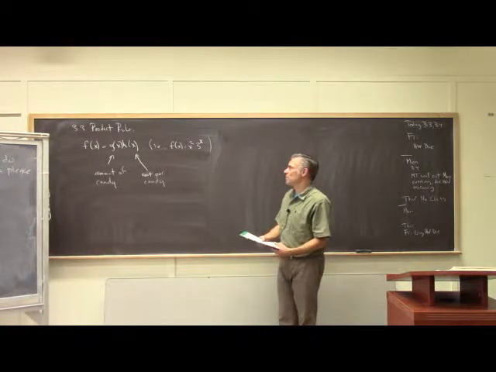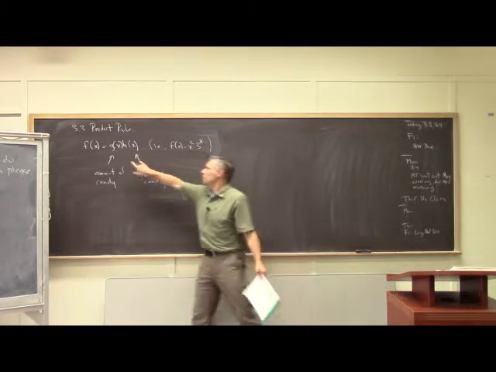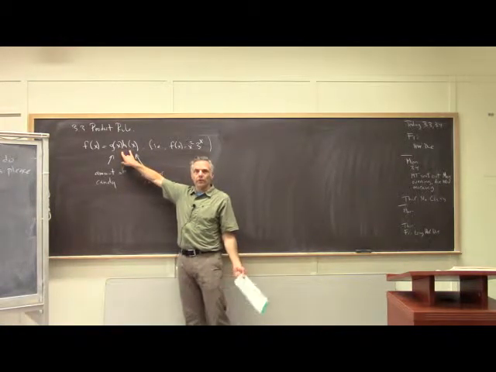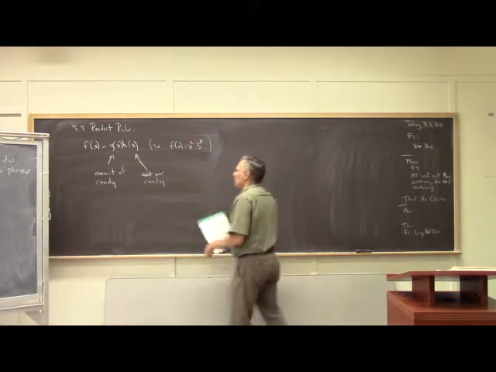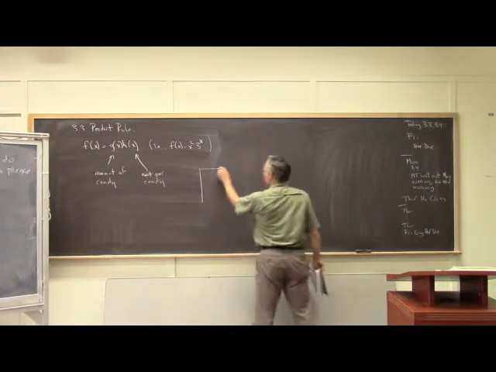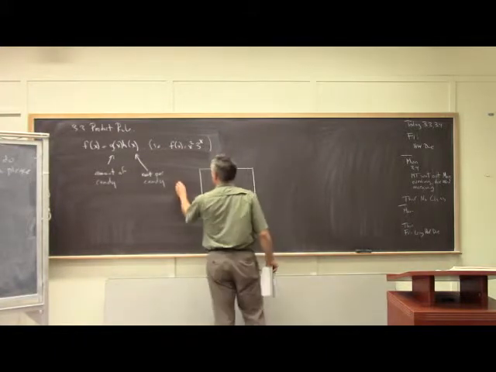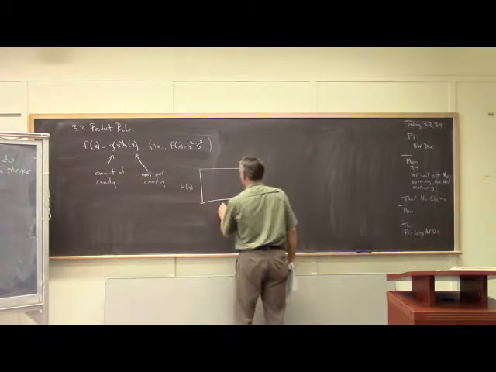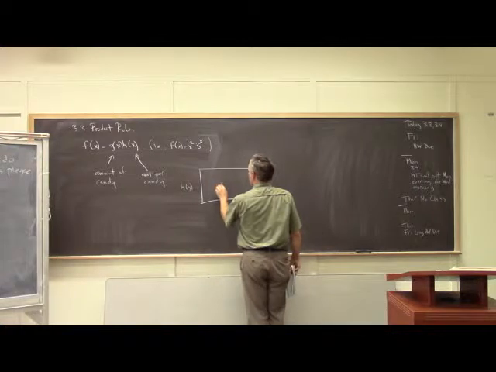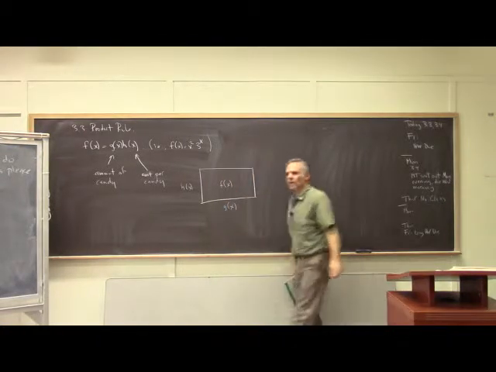So anytime you have two numbers multiplied together, you could think of that as an area. So I'm going to do this here. Let's see. And call this h of x, g of x, and then this is f of x.